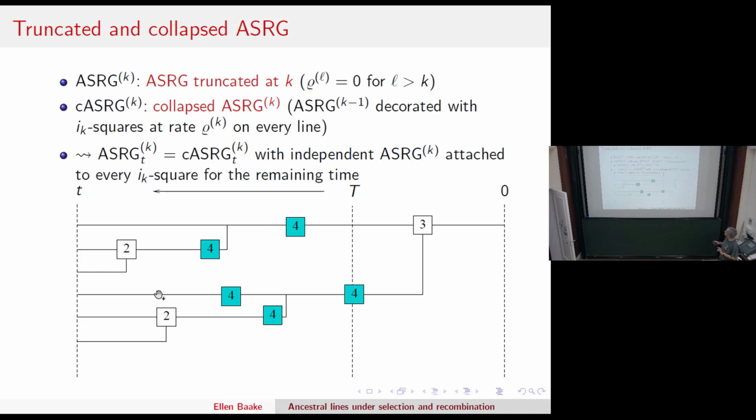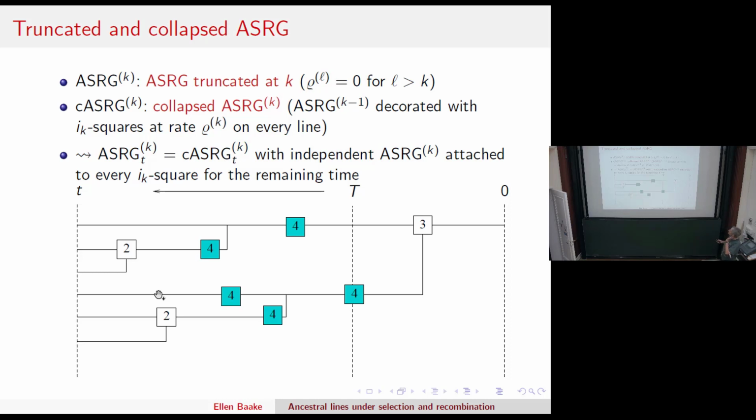So here we have a situation with the selected site number 1, and then the black and white graph is the ASRG k-1, and then the collapsed ASRG k is the black and white structure with the 4 squares put on it at rate rho 4 on every line.